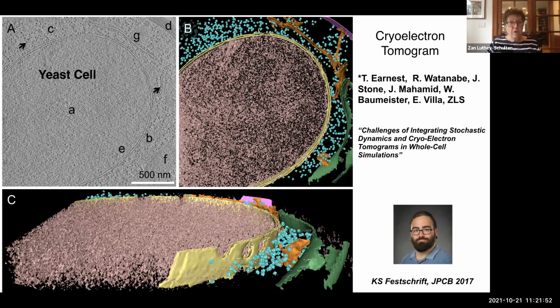They're colored blue here. Now, some of them will be embedded in the ER, but some of them also will be free. And from this information, then Tyler Earnest, who you see down here, who was the lead author, started to reconstruct a whole model for the yeast based on the tomography data.